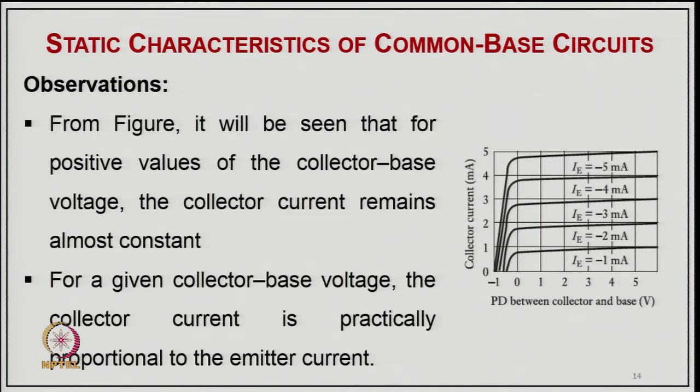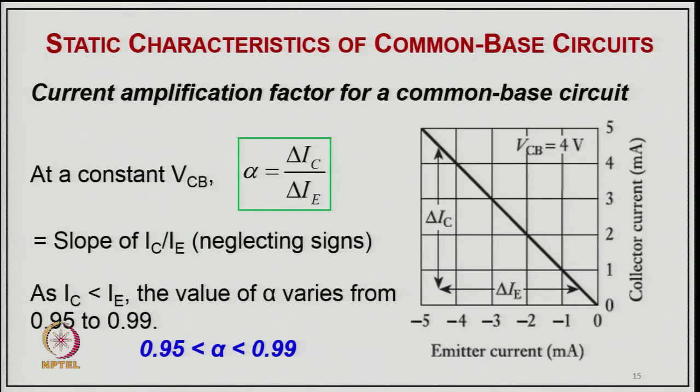These are a couple of observations from this characteristic. Here we can say what the current amplification factor is for the common base circuit. At constant VCB, we can define alpha as delta IC upon delta IE, the slope of IC upon IE, that is, the change of collector current for a particular emitter current, if we do not consider the sign.